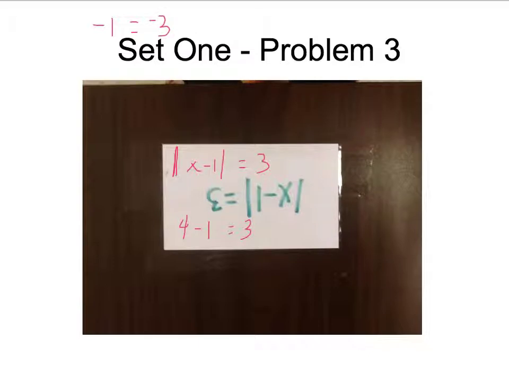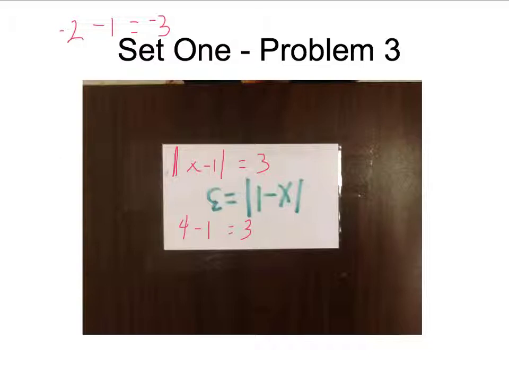So if I think about it, what value of x that I haven't written down here yet, when I take away 1 will give me a -3, and that's got to be a -2. -2 minus 1 gives me a -3.